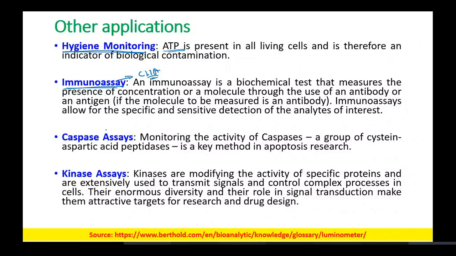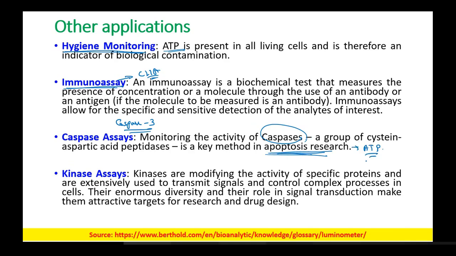So basically we try to understand the activity of the caspase 3 enzyme. This caspase 3 enzyme is important in apoptosis research, so we can look into this apoptosis research. Again, over here you go for the measurement of the ATP.